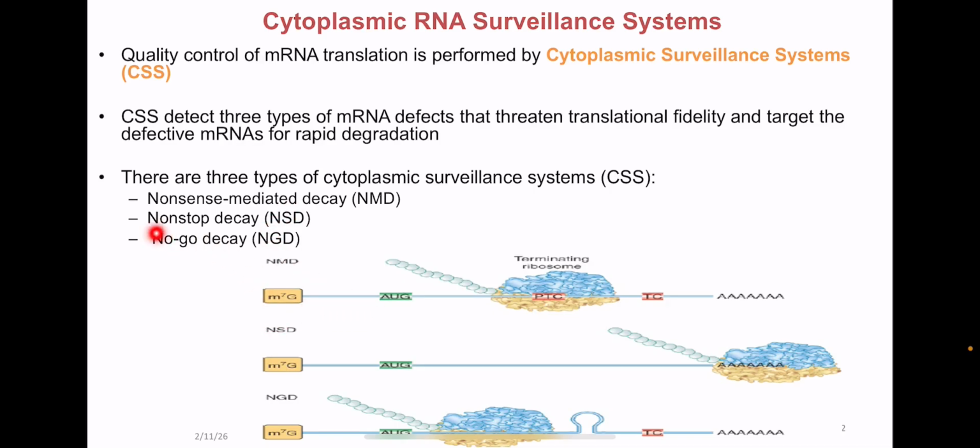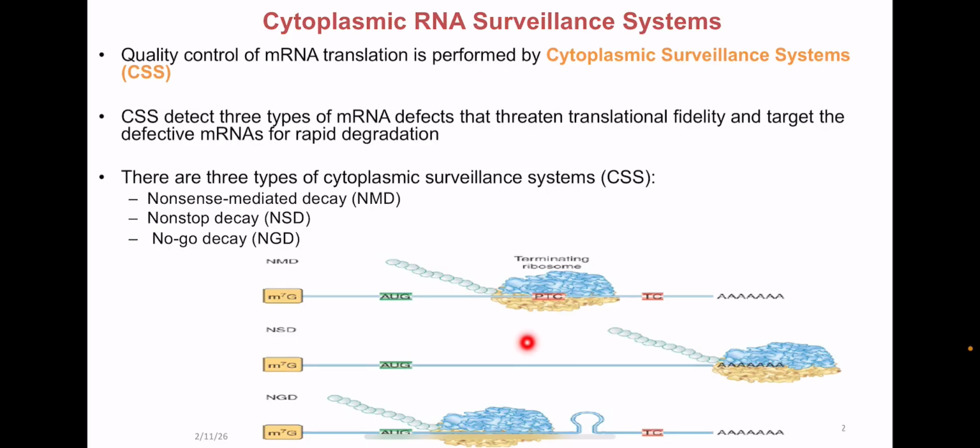So let's look at the first one, the nonsense. Let's say there's an mRNA we are transcribing, and we are supposed to end somewhere here, but one sequence will be, I don't want to call it a codon, but some sequence will be mutated and converted into a stop codon. In that case, you are causing an NMD.